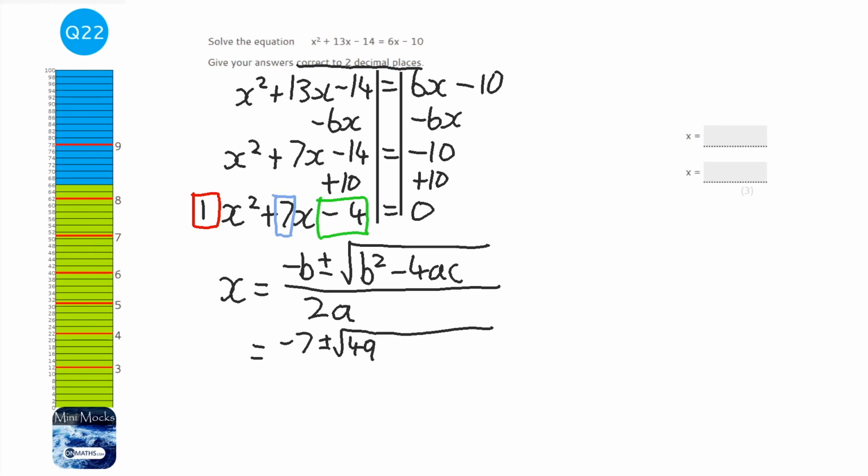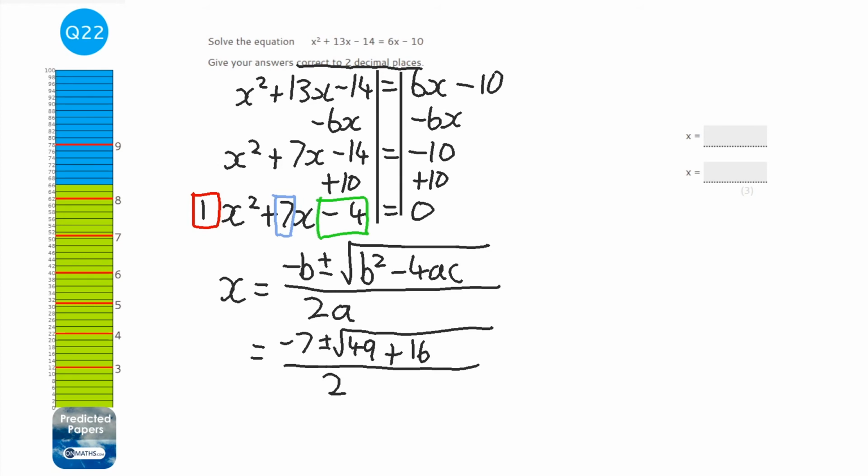Now it's minus 4 times a times c. Now a is just 1, so we can ignore that. Minus 4 times c, which is minus 4. Well, minus 4 times minus 4 is going to be a positive 16, over 2 times 1, which is just 2.